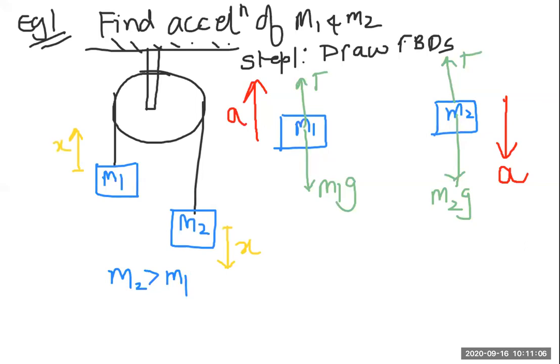This is guaranteed. अगर M2 x डिस्टेंस से नीचे आता है तो M1 x डिस्टेंस से ऊपर जाएगा. This is guaranteed, right? And therefore the magnitude of the acceleration of the two blocks must be same. This is a unique thing. This is true here, and it may not be true in other problems.